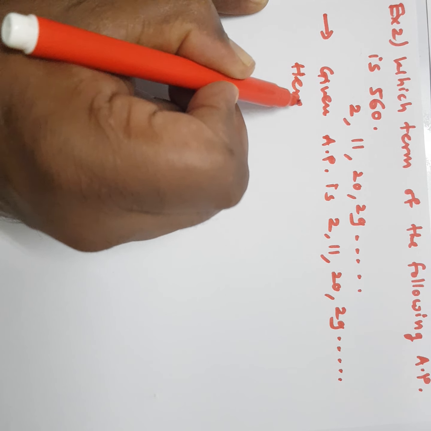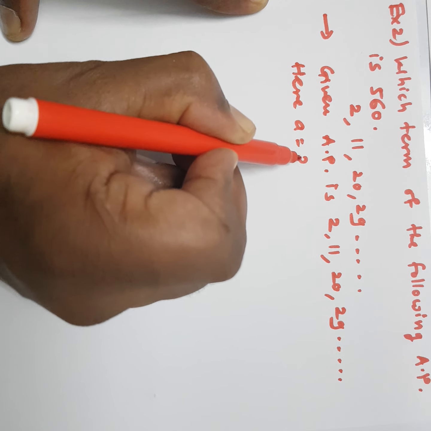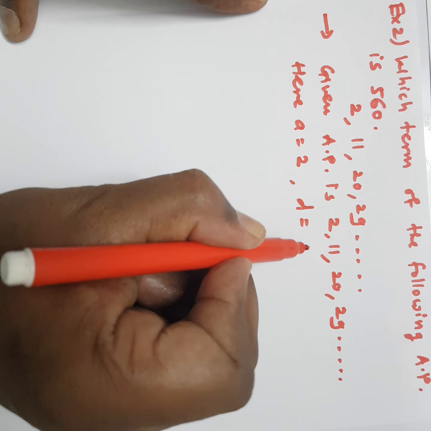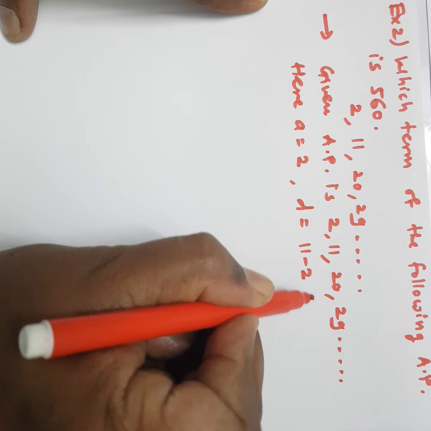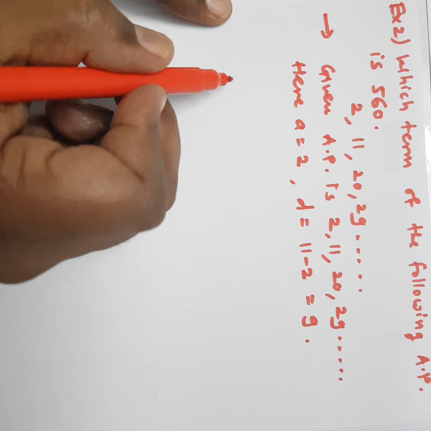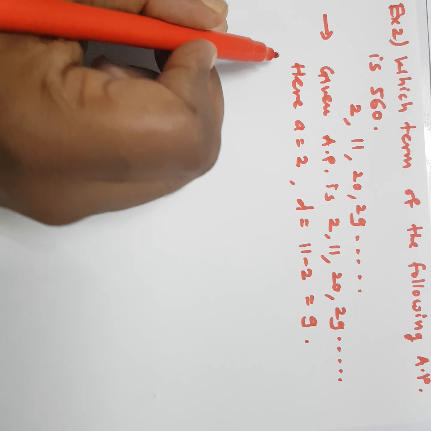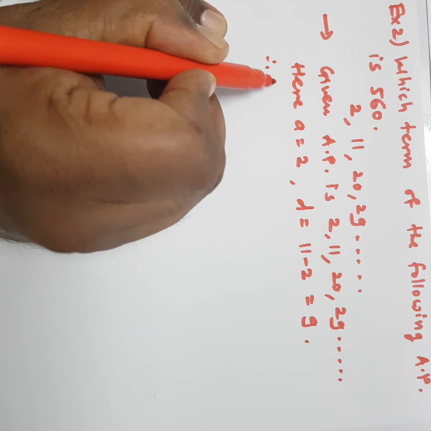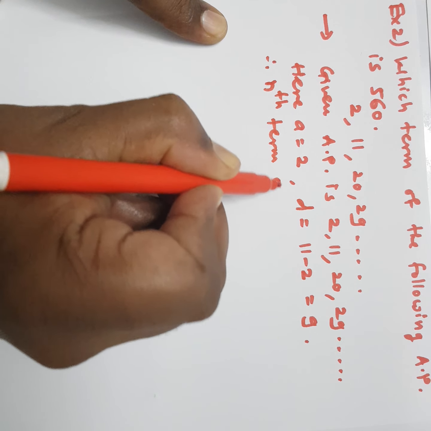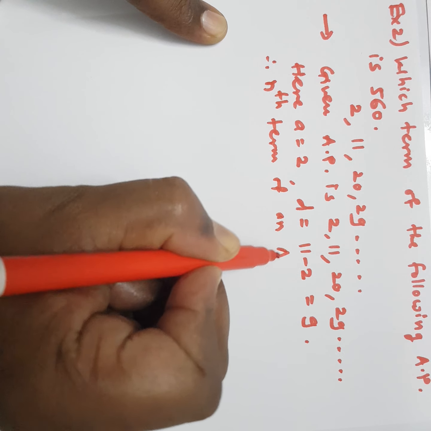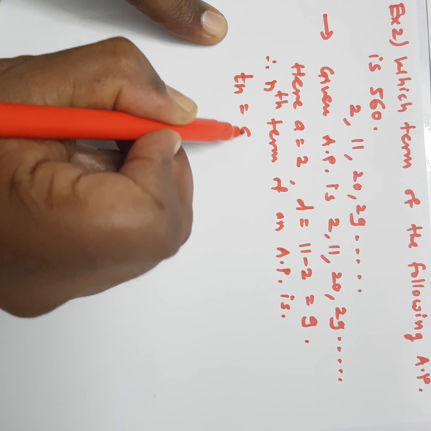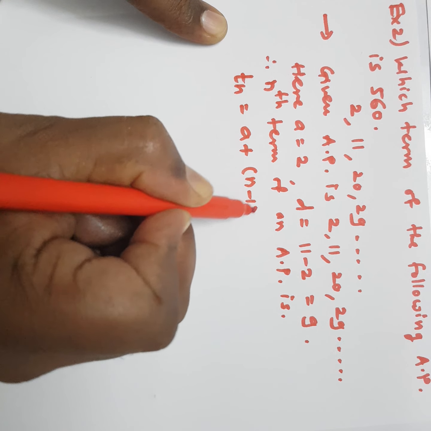Here a is equal to 2, that is, the first term is equal to 2. d is equal to 11 minus 2, or 20 minus 11, which is equal to 9. Therefore, the nth term of an AP is Tn is equal to a plus (n minus 1) into d.